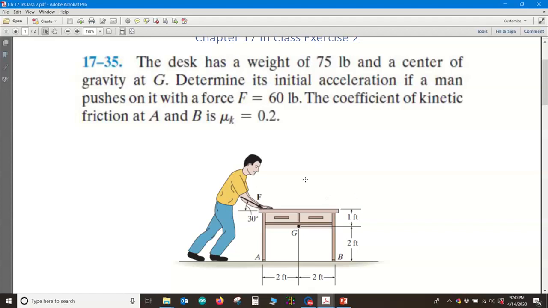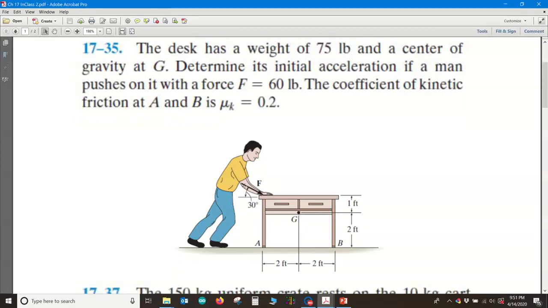For a rigid body, you will see the words center of mass or center of gravity, or even graphically you will see that point G on the rigid body, and there won't be any statement in the problem that says neglect the size of the body. That means consider the size of the body. So yes, this is a problem of a rigid body. The important keywords to look for are center of mass and the absence of neglecting the size of the rigid body. So that is the problem statement.